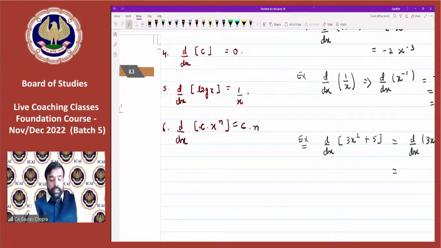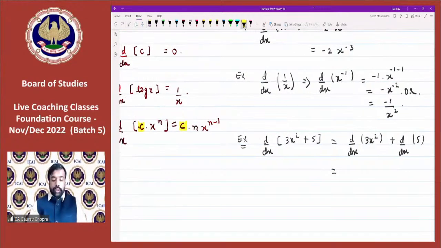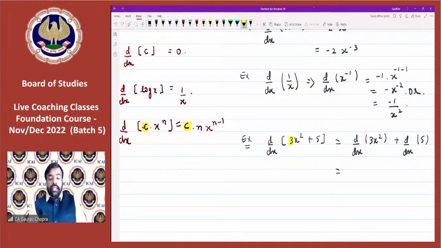That means n multiplied by x to the power of n minus 1. So the only change is that this c will remain as it is. Here also, in 3x square, 3 is the constant getting multiplied with the variable. So this 3 will remain as it is.